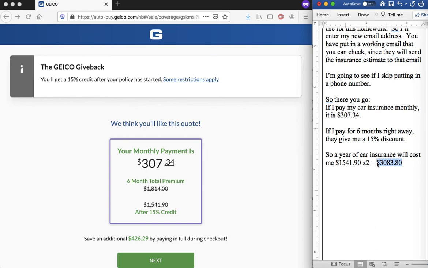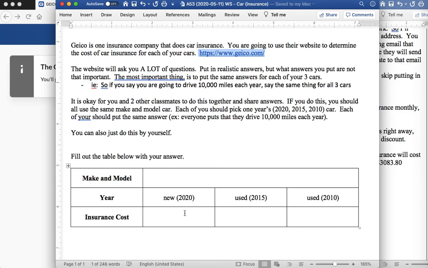So this number right here is the number I'm going to put for my 2020 new Honda Civic LX.